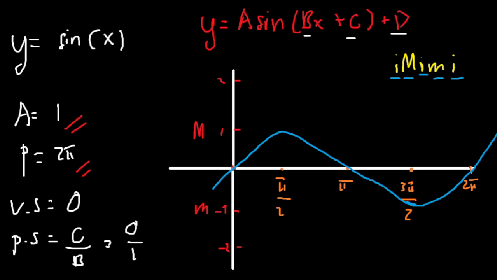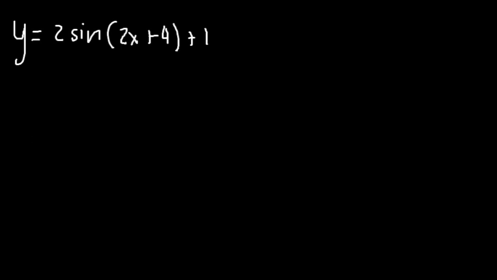And let us have an example na meron naman tayong vertical shift and phase shift. Now, given this function, 2 sine of 2x plus 4 plus 1, let us find the amplitude, the period, the vertical shift, and the phase shift.